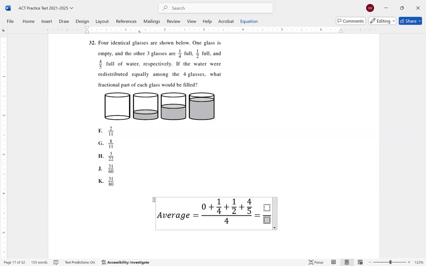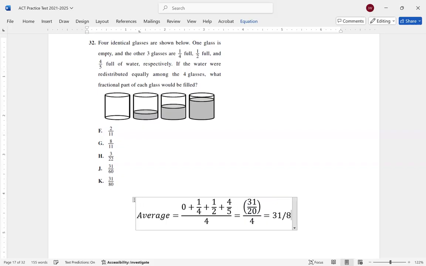That's how much would be an average of each glass. Now, when you do the addition on top, normally I would just do that with my calculator. That would give a total of 31 over 20. And then divide that by 4, and you get a fraction of 31/80 as the amount of water in each glass.